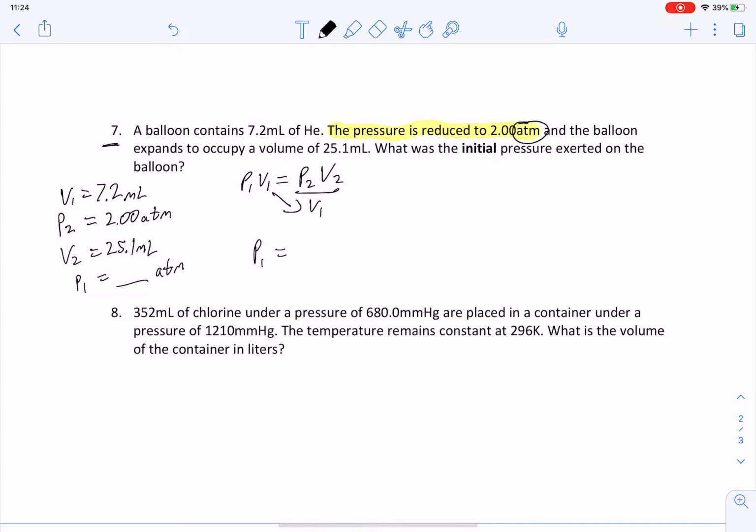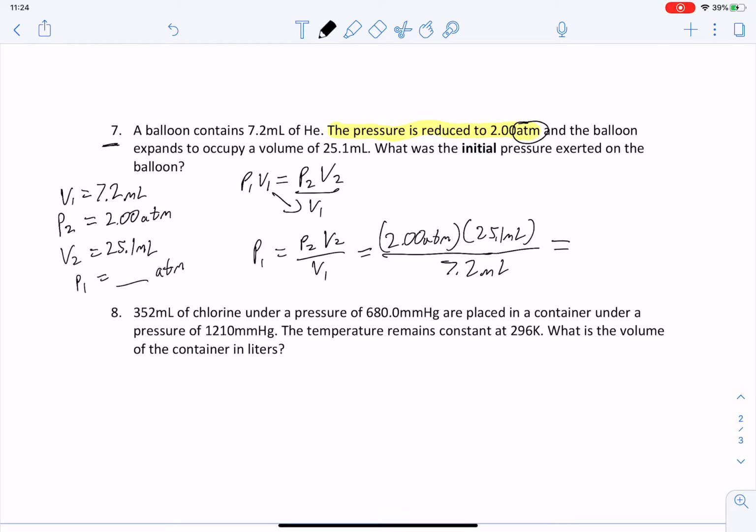So I get P1 equals P2 V2 divided by V1. We substitute that out. So P2 is 2.0, V2 is 25.1 milliliters, and V1 is 7.2 milliliters.